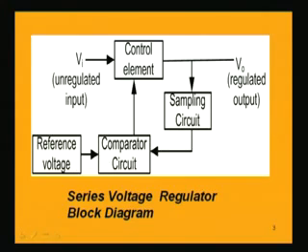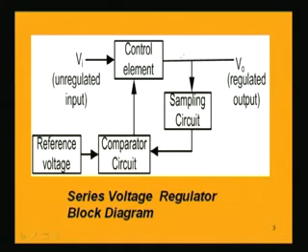The output voltage is compared with the reference voltage, and then the output from this comparator circuit drives this control element, and this control element controls the output voltage to maintain it at a constant level. So what is there inside each block? It depends on the various types of series regulator circuits.